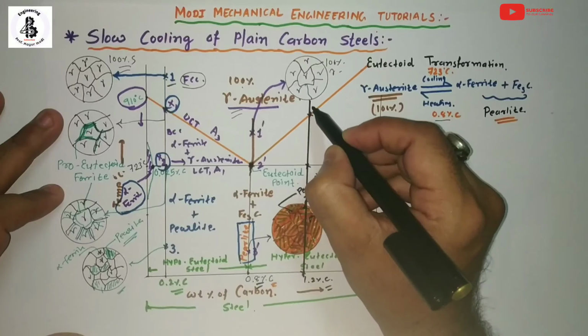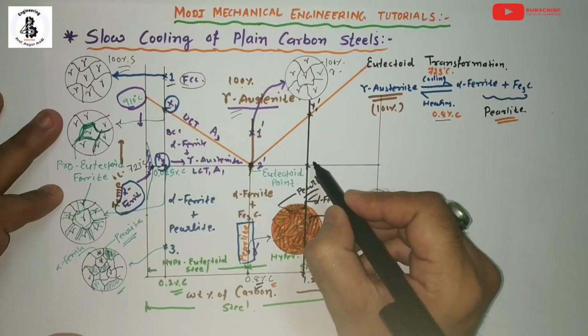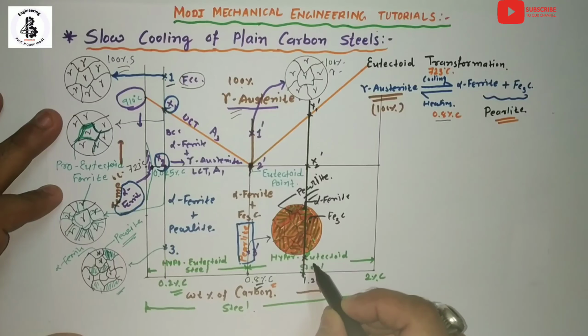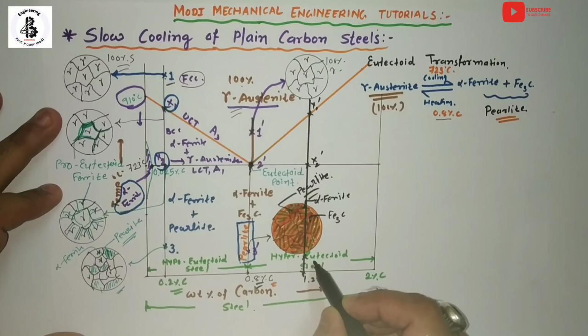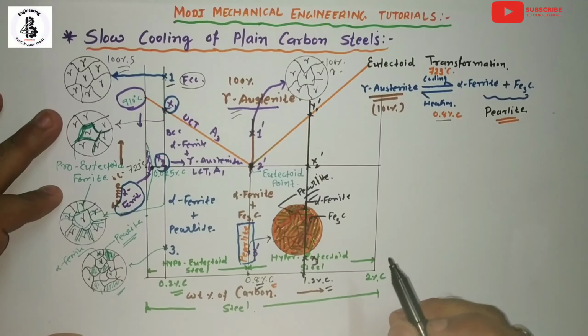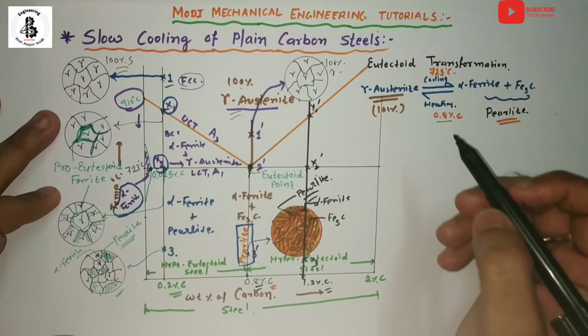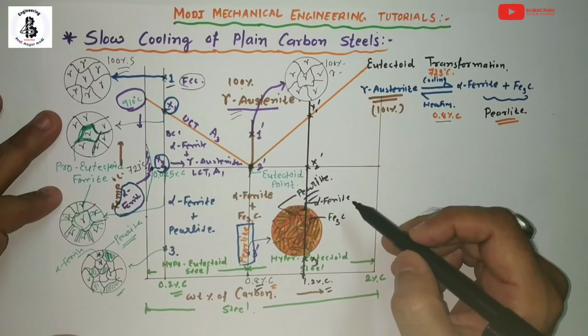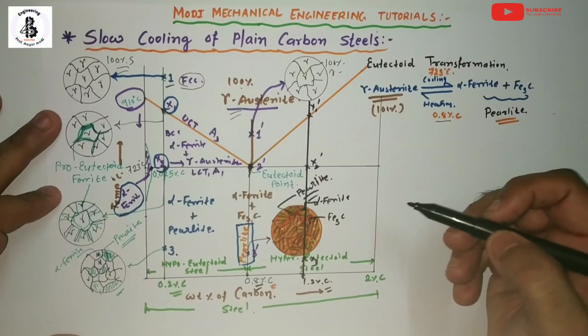That will be the x1 dash point, similarly the x2 dash point, and one more point at around room temperature. That will be the x3 point. Now that will be the transformation from gamma austenite to the different phases of the material.